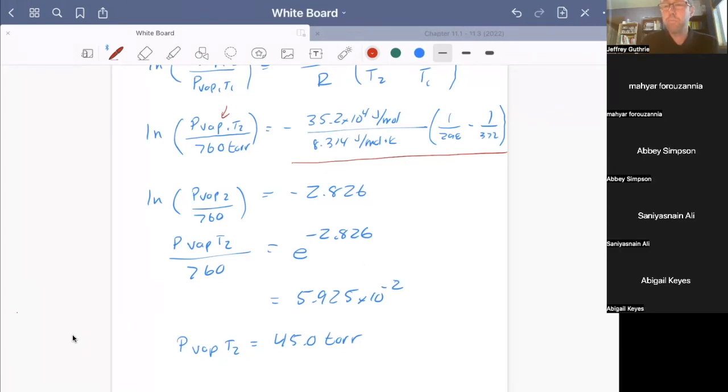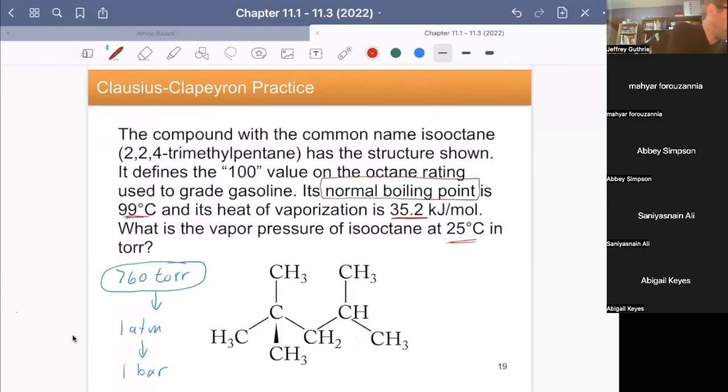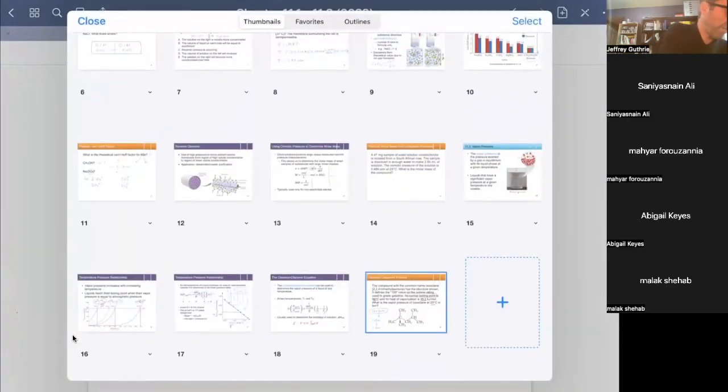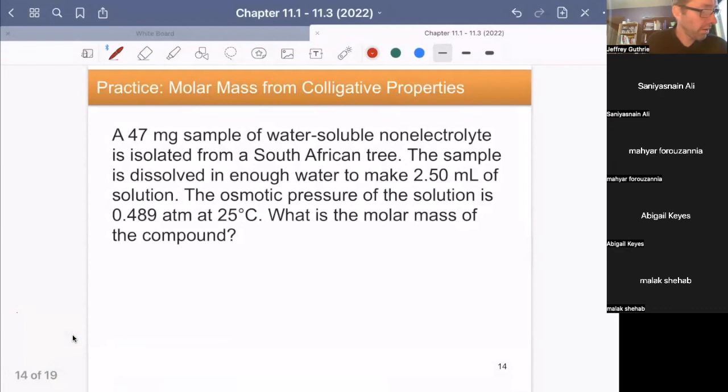I just got one quick question. Yep. So for slide 14. Okay, let me get there. Okay, so for slide 14, our formula was moles equal to pi times I times R times T, right?